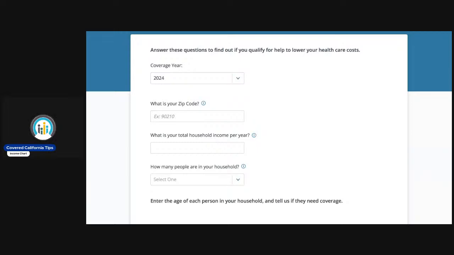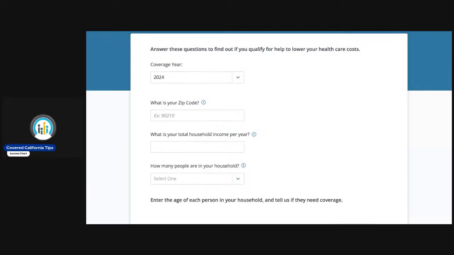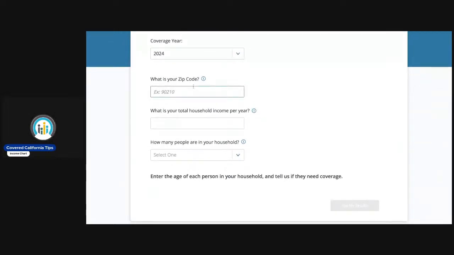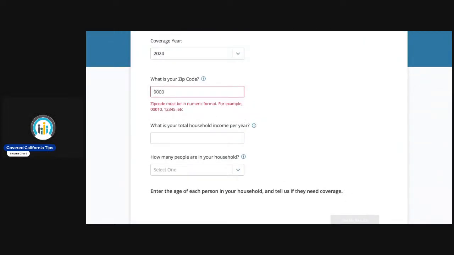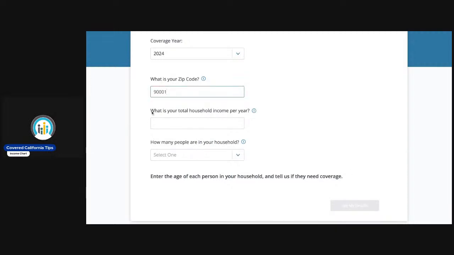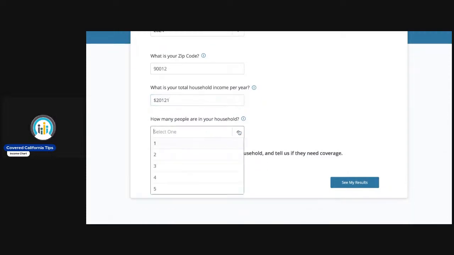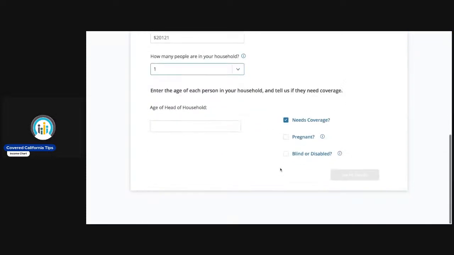So what I want to look at is what we were looking at initially, just so you can see it with your own eyes. So let's just pick a random zip code, 90012, Los Angeles somewhere. So we said for one person for Medi-Cal at 20,121, how many people are in the household? Just one, needs coverage.